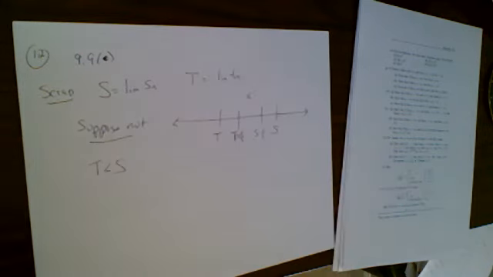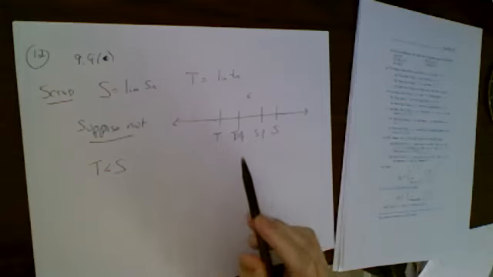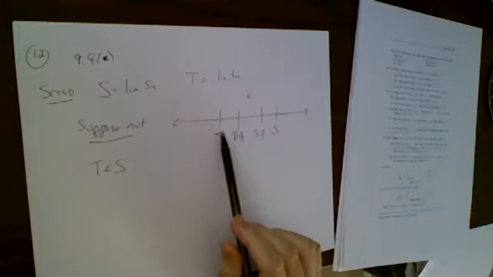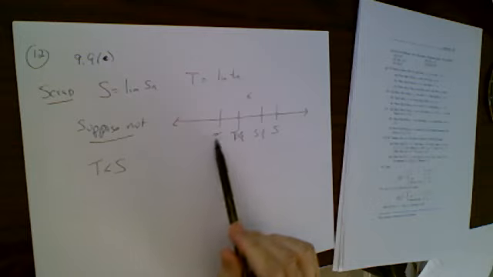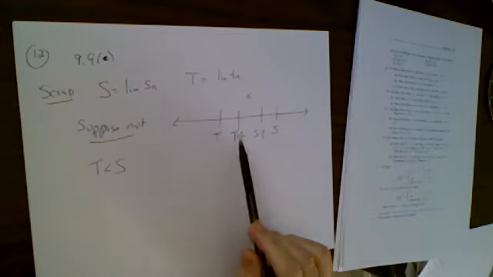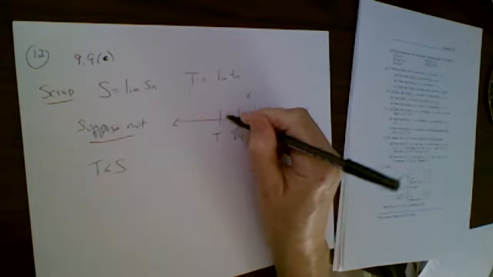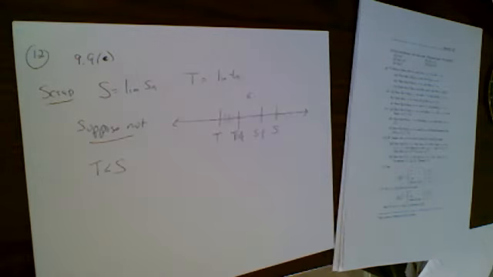Now let's see. Why did I do this? Well, because eventually all the terms of the sequence live within epsilon over 3 of T. So in other words, eventually no term in the T sequence is going to pass here.